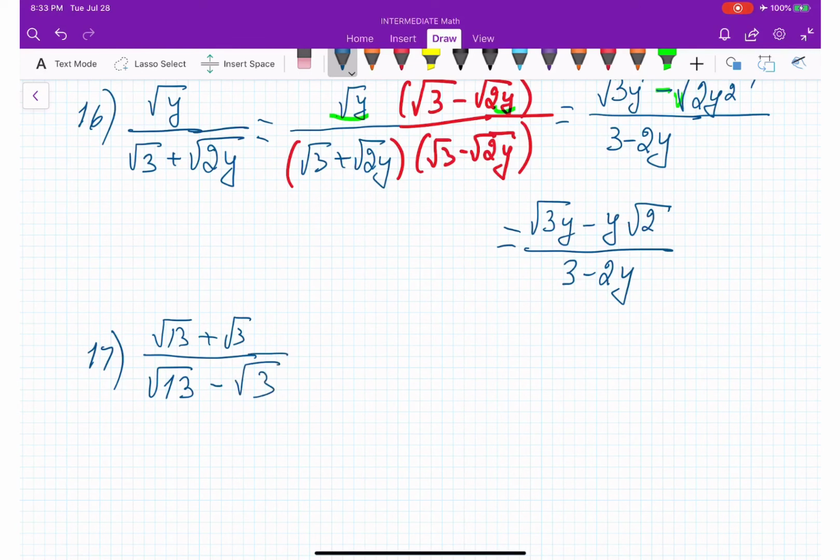All right. So what do we have here? Square root of 13 plus square root of 3. Here square root of 13 minus square root of 3.